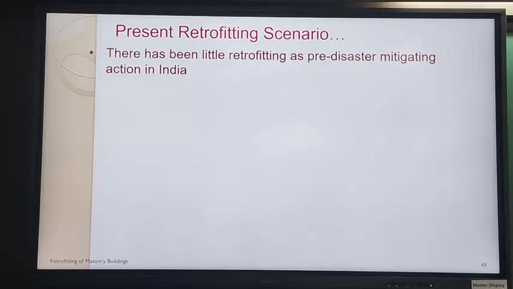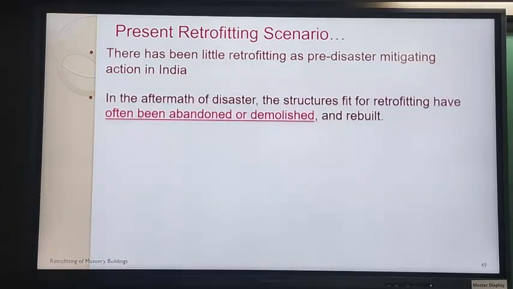The retrofitting scenario is not very good in India. Unfortunately, most of these agencies, be it the health department or state government, would rather demolish the building and rebuild it. As and when they have funds, they will do it. They will wait for the future rather than retrofitting right now.